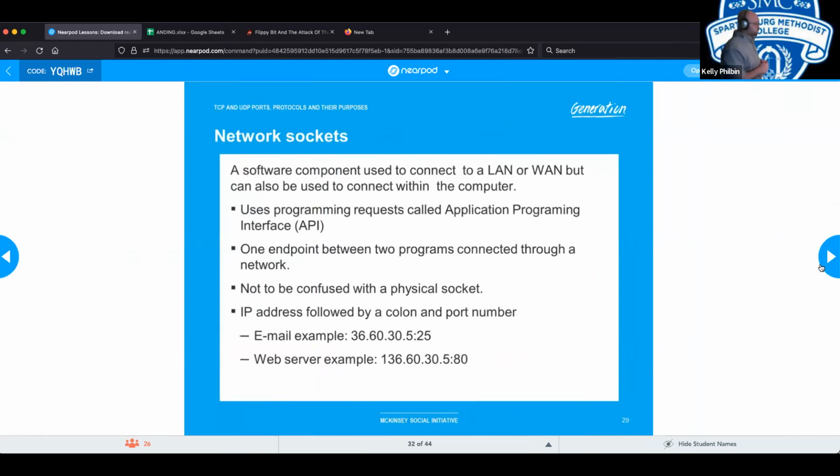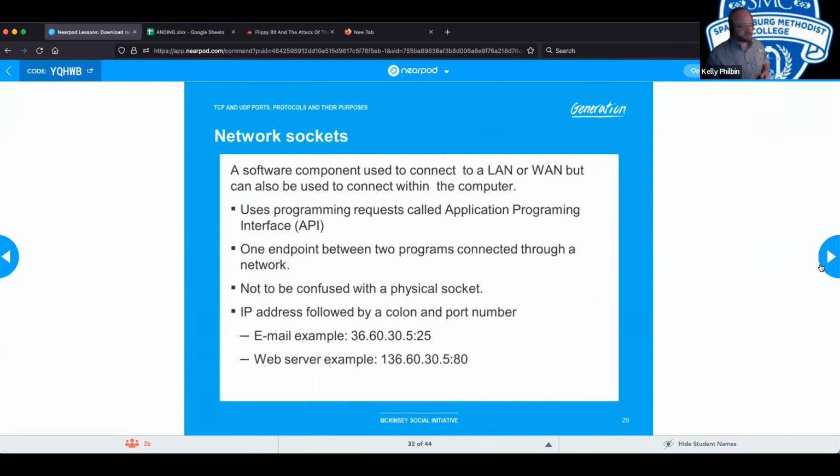All right, network sockets or ports. This is essentially a software component used to connect to a LAN or a WAN, but can also be used to connect within the computer. This is essentially using program requests called application programming interface. I'm sure you've heard Cindy has mentioned this a couple times.